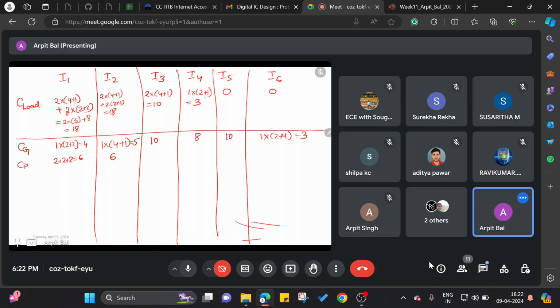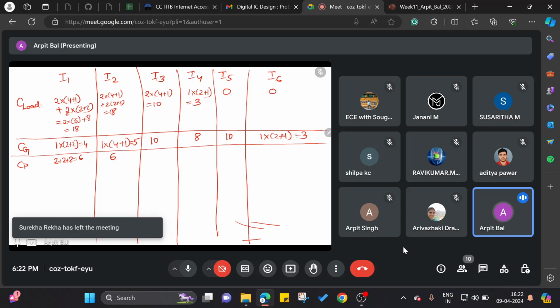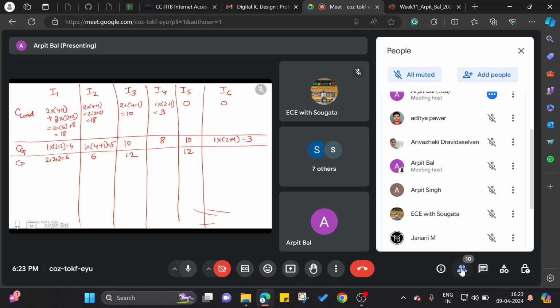I3, 12C. Yeah. I4 and I5. I5 is the same. I4 is 12C, and I5 is 12C.